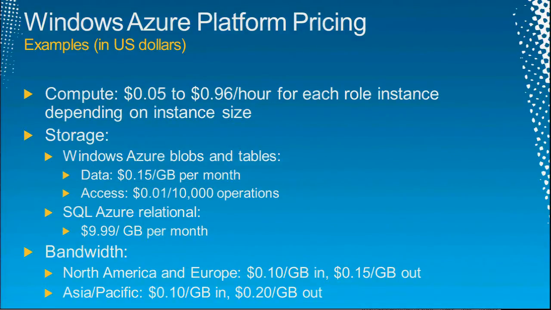You do not pay for data transferred inside the data center. So, an app running on Windows Azure that accesses SQL Azure data in the same data center will not be charged bandwidth. An app running on Azure accessing data on premises in SQL Server will be charged bandwidth. The cost is for data moved in and out of your data center.